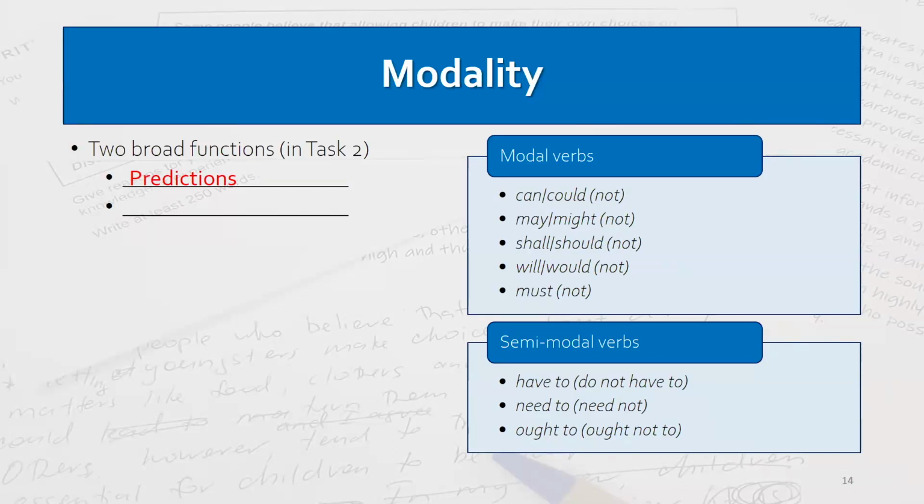We use modals like will to make predictions, but more commonly, we use modals to give suggestions. As you have seen in my previous slides, the writers were using modals to give some suggestions about what can be done to solve an issue, like the use of may or the use of sometimes need to.